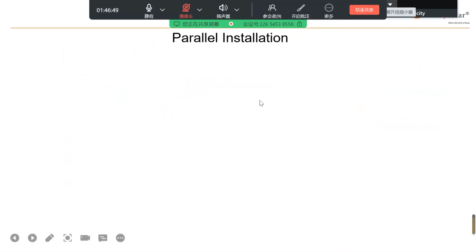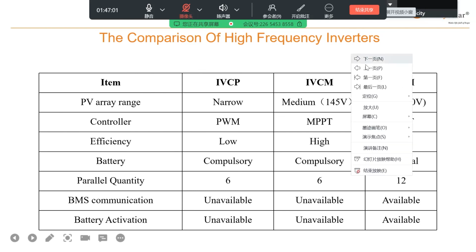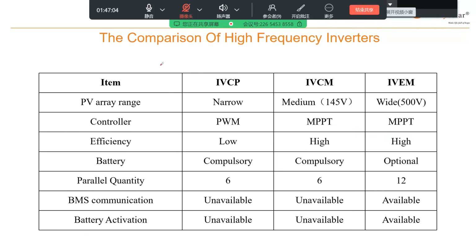For example, if you have one type of panel with a VOC of 45, for one string, IVEM can connect a maximum of 10 or 11 pieces.